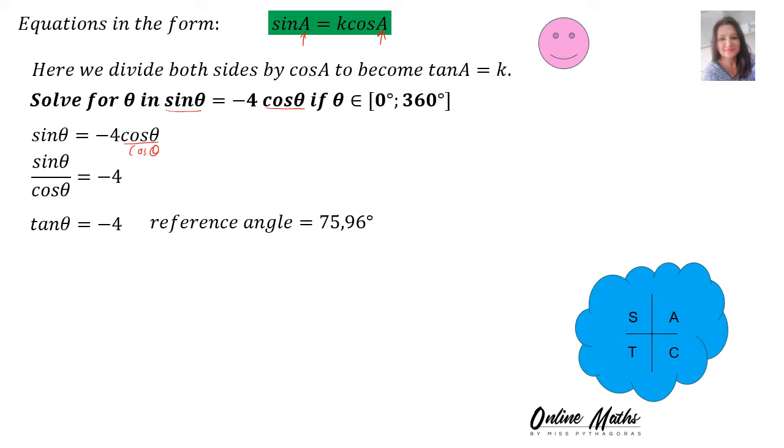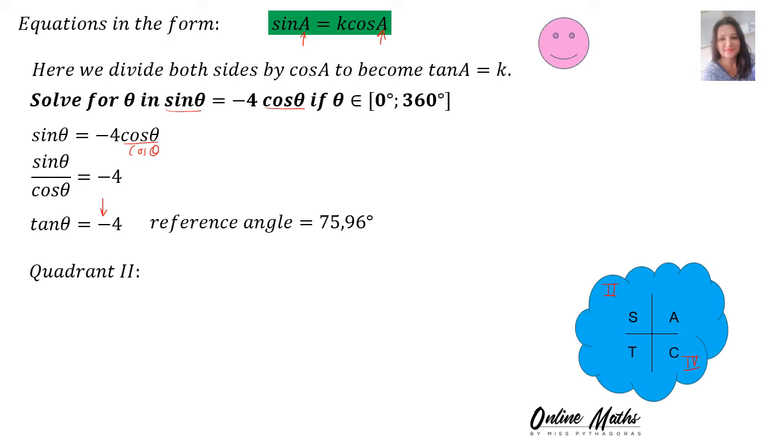Remember, for the reference angle you ignore the minus, and you simply slot in your calculator, shift tan 4 equals, and you find 75,96, because a reference angle is always positive and always acute. Now you go back to the negative and you say, where is tan negative? Tan is negative in the second and the fourth quadrant.